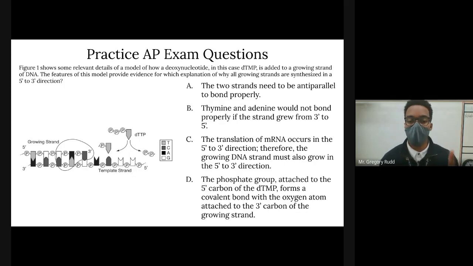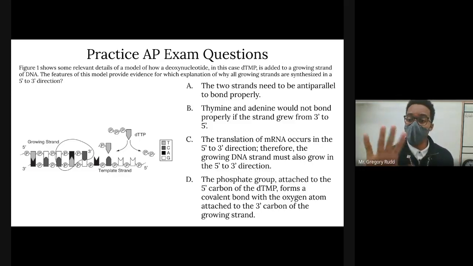So do we see anything in this model that refers to RNA? No. We're talking about a deoxynucleotide. So deoxy, that's DNA. And also we've got that key there that shows us T, C, A, and G. So no U's. So there's no evidence of RNA in this image.